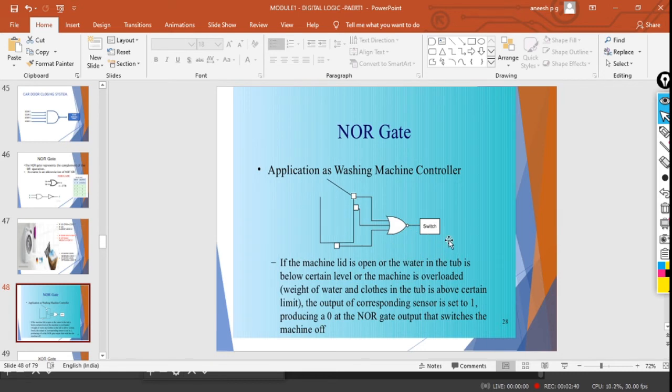Washing machine operates normally. If there is any one error, like water is minimum or lid is open, or there is overload, then that input of the NOR gate is 1 and the output of the NOR gate is 0. It disconnects the washing machine from the main switch and the washing machine does not work.